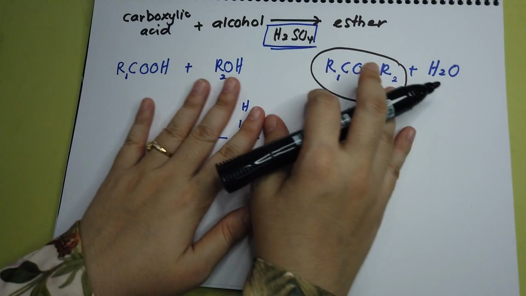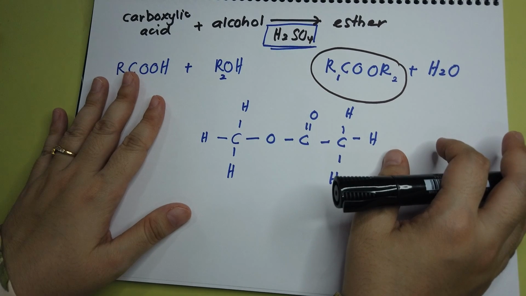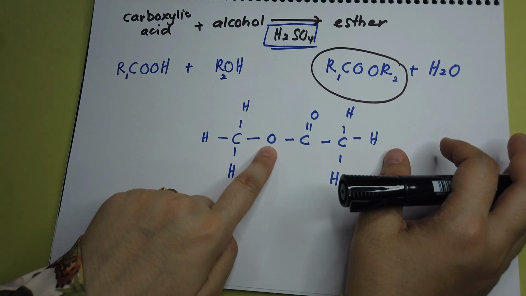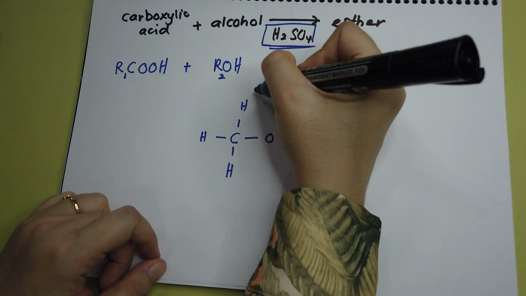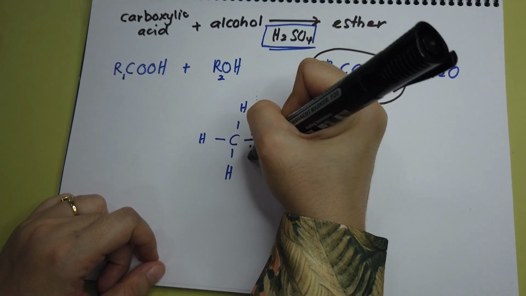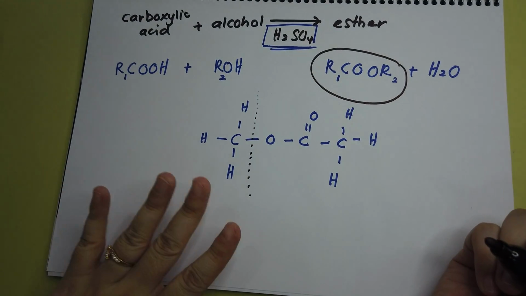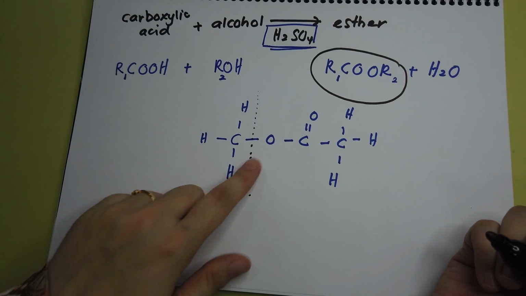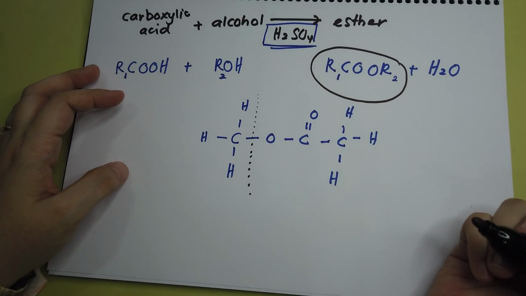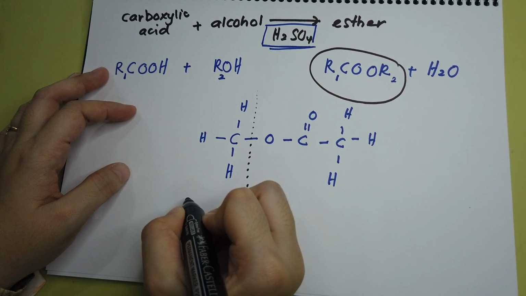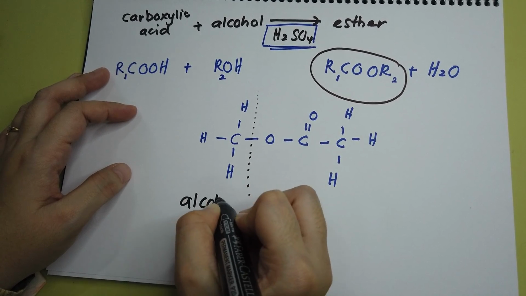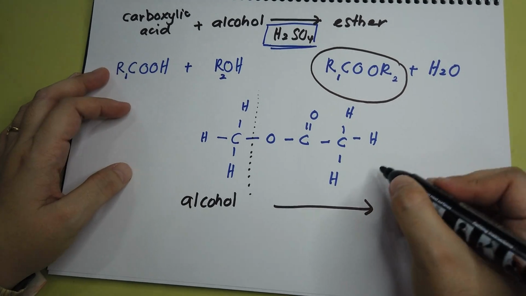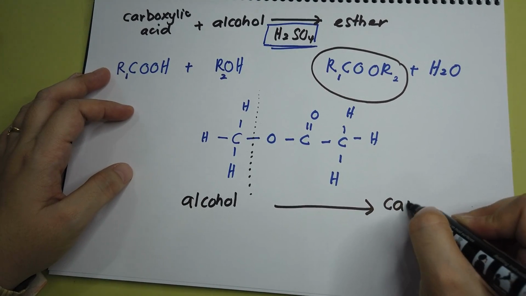If you have any ester, the first thing you need to do is spot this O and make a line over here. The part from the O moving towards here originates from your alcohol, and this part should be from your carboxylic acid.